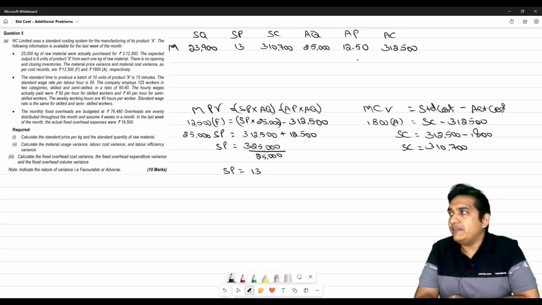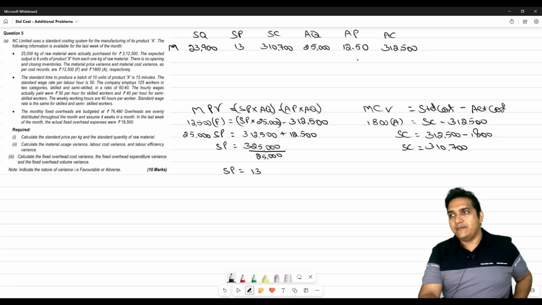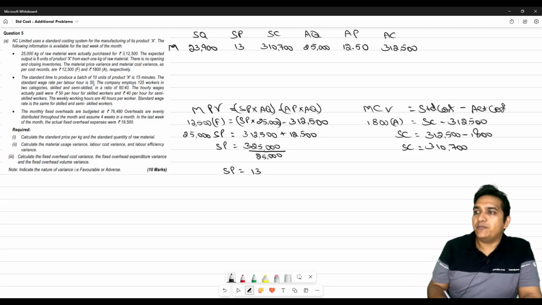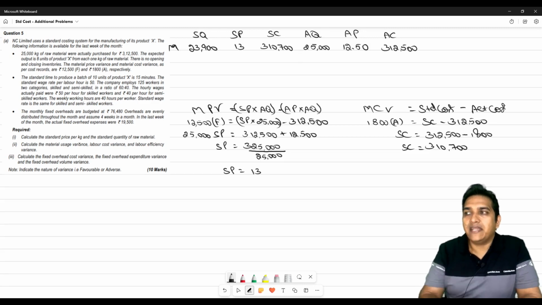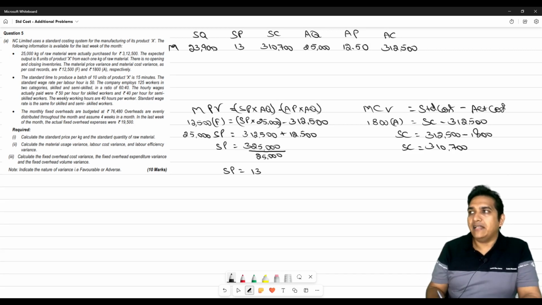This is 12.5, right? Now we have calculated all the information to calculate material variances. Now let us see what the question is asking us. The first requirement is to calculate the standard price per kg and standard quantity of raw material, which we have calculated. Standard quantity is 23,900 and standard price is 13, right?